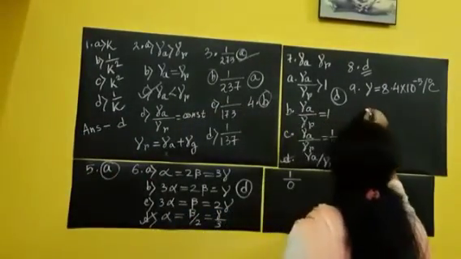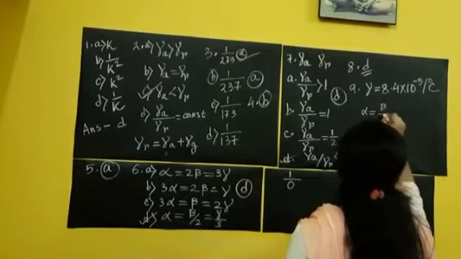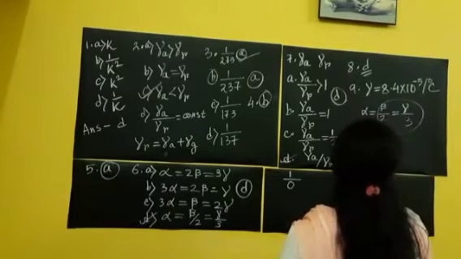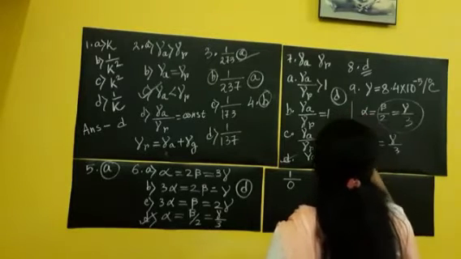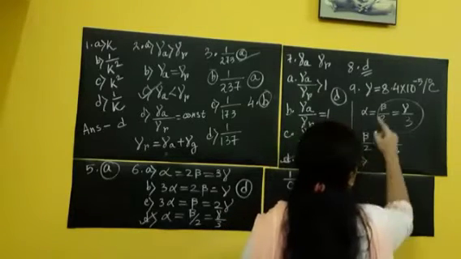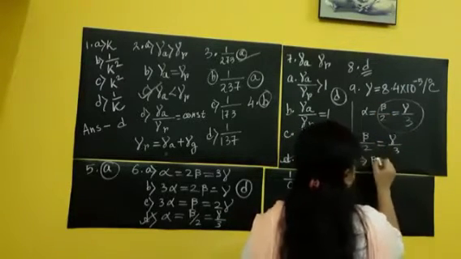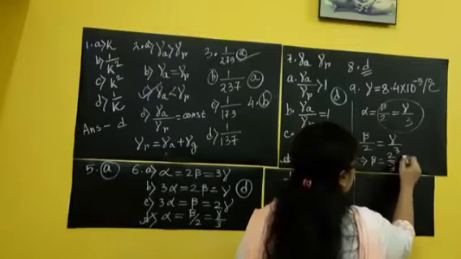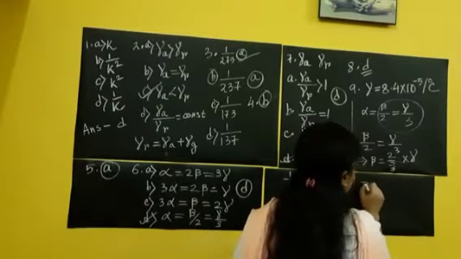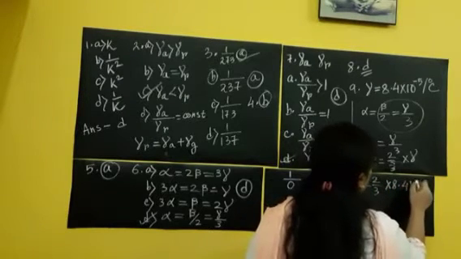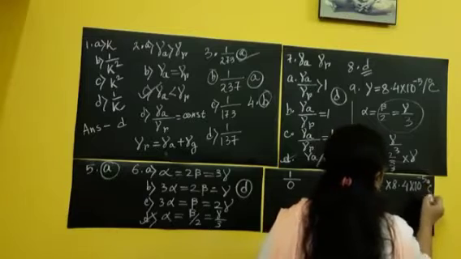We know the relation alpha equal to beta by 2 equal to gamma by 3. If I consider only these two, beta by 2 equal to gamma by 3. I have gamma and need to calculate beta, so beta equal to 2 by 3 into gamma, which is 2 by 3 into 8.4 into 10 to the power minus 5 per degree Celsius.